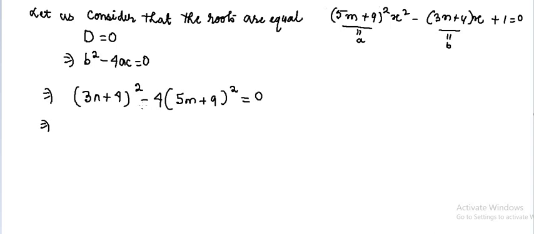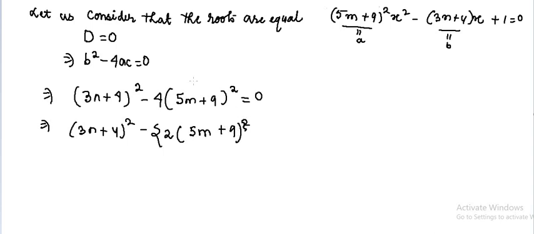Now one arrangement that we are going to do is that if you observe this equation carefully, you will see that this equation is in the algebraic identity, that is a square minus b square. You can make some arrangement and convert this equation into the a square minus b square form.